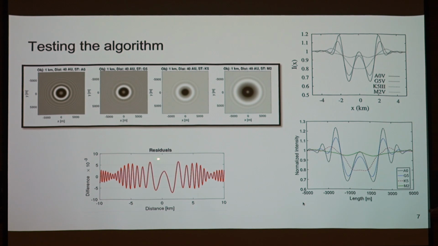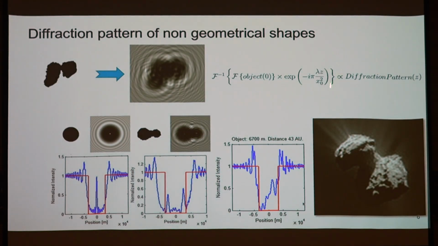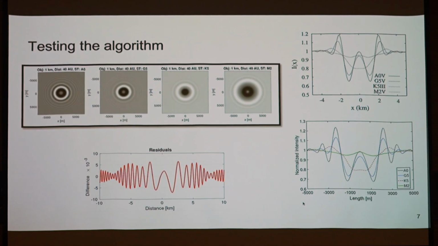Because I didn't say that, it's not exact. It's an approximation, a numerical one. But we tested using the analytical solution. This is the result from Nihei in 2007, and we simulated with our algorithm. More or less it works.